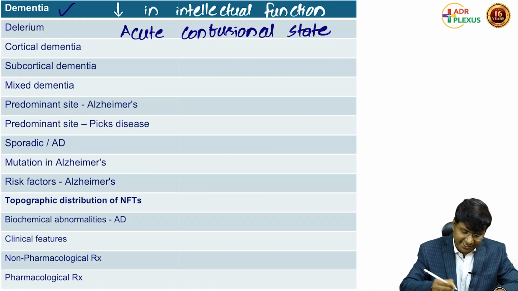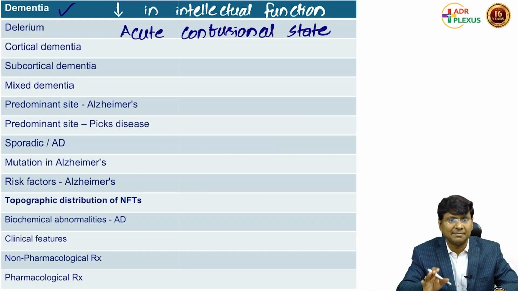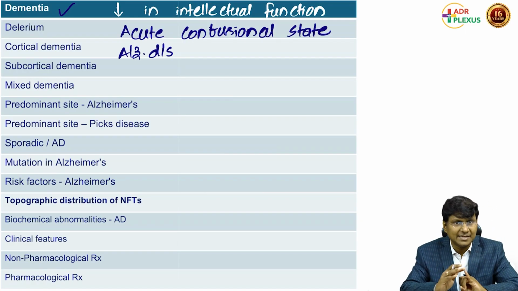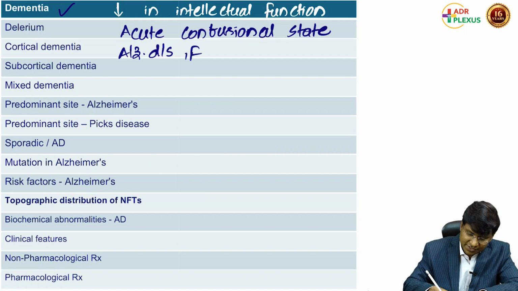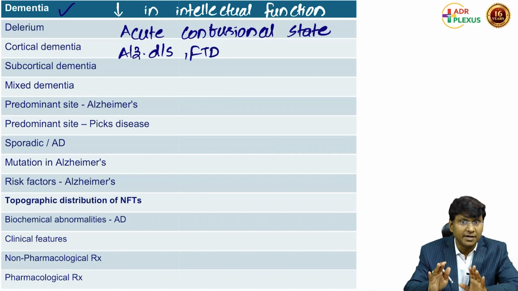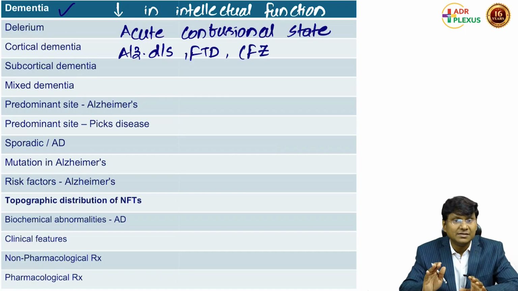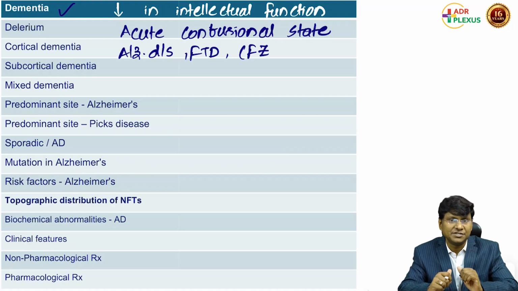And this dementias, we have cortical dementia and subcortical dementia. And example of the cortical is the Alzheimer's disease, right? Alzheimer's. Then Pick's disease, which is nothing but the frontotemporal dementia, and dementia of Lewy body disease. These are all the cortical dementias.